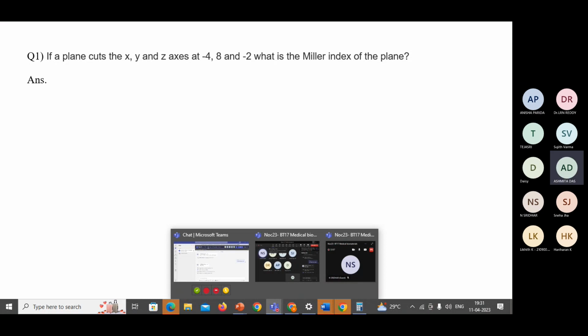Bar should be there, madam. Yes. The bar is basically the notation of the minus sign, right? Yes, ma'am.